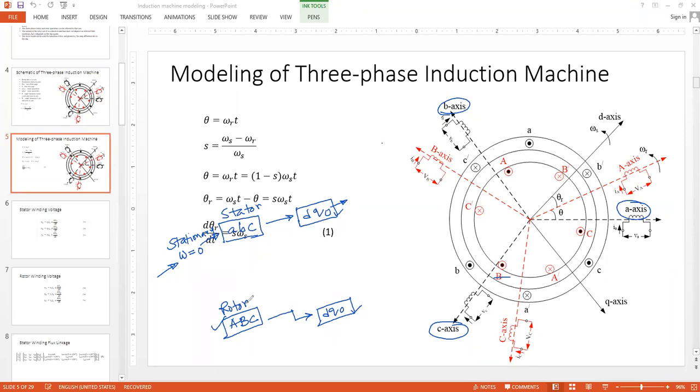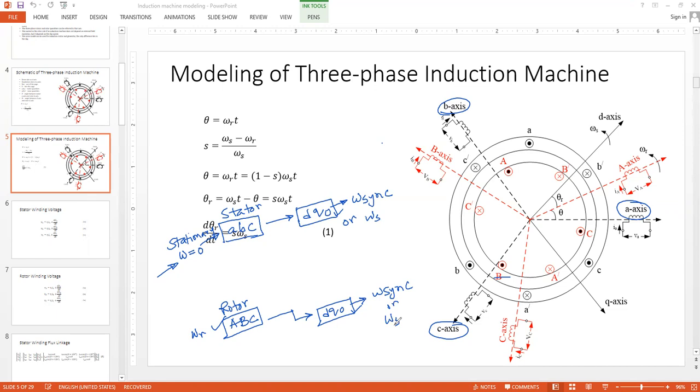Again, what is the speed of the rotor frame? Okay, so dq0 is at synchronous speed. So let's write it omega synchronous or omega s, all the same. What about the rotor frame? Omega r. So this is omega r. What about dq0? It's the same as this, omega synchronous or omega s.